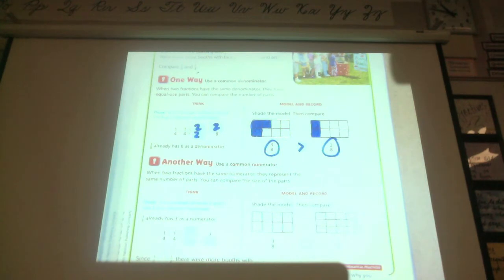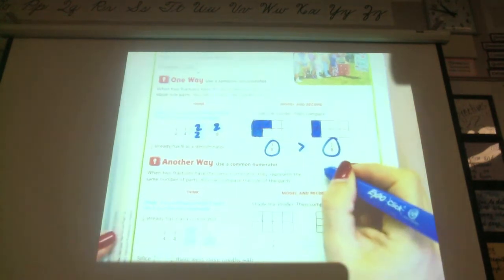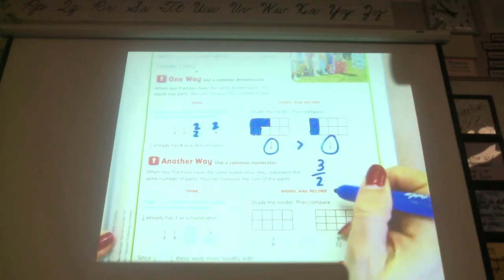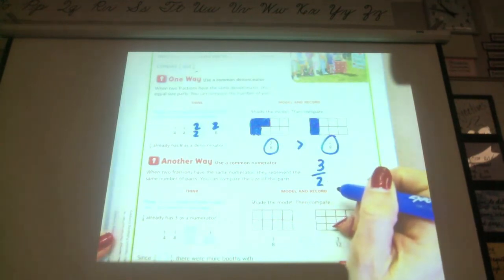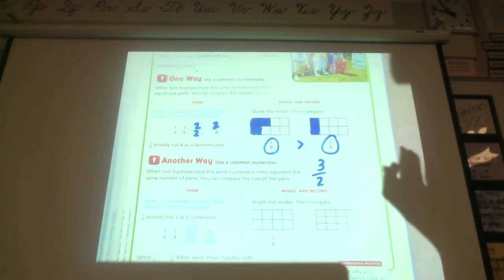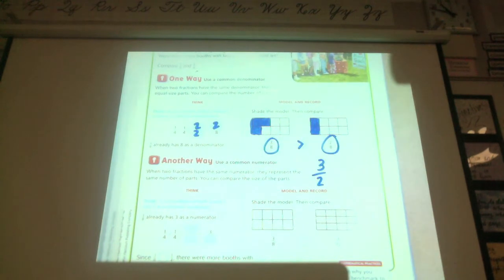Remember, if you have, let's say you had 3/2 of something. Can you visualize what 3/2 looks like? Yes. 2/2 is how much? 1 whole, and another half. So you would have a whole and a half of, let's say you had 3/2 of a cookie. If she gave me a half, and he gave me a half, and he gave me a half, I really have a whole cookie and a half.